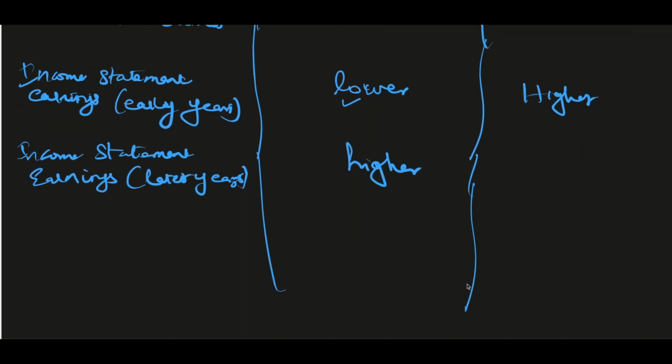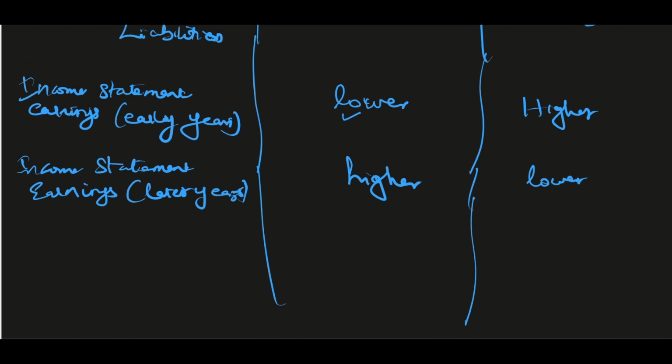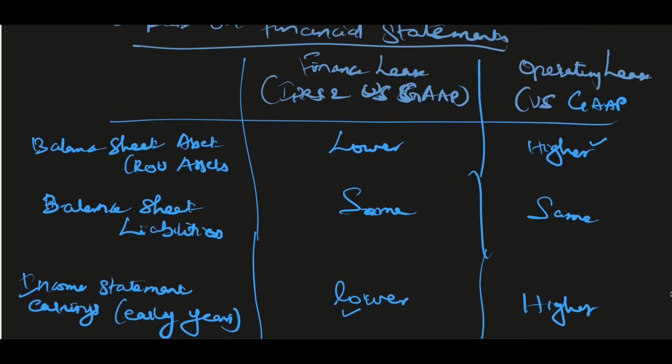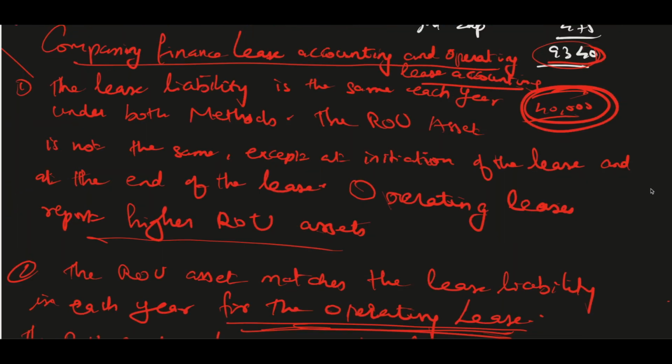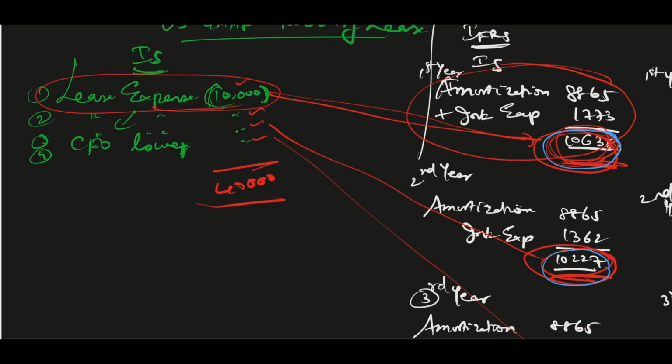Okay, and vice versa here. So income statement is higher here, reason being, comparatively, when you are showing higher expenses, the income will be lower.